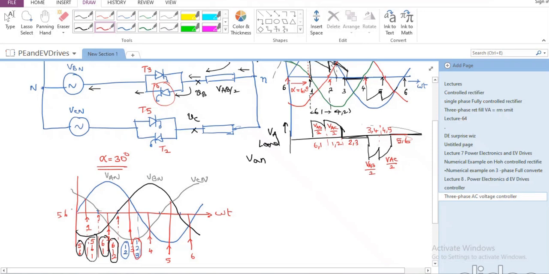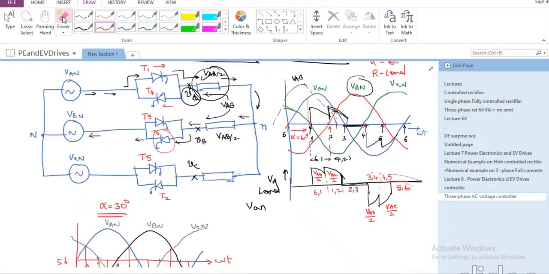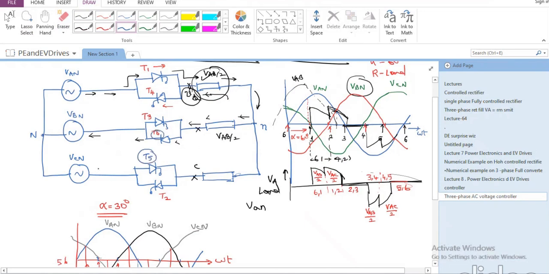Okay. So whenever only 5 and 6 are conducting, let me again show the circuit. When only 5 and 6 are conducting, then what is going to happen is the current will flow like this through 5, through C phase load, then B phase load, and 6, and then return like this.